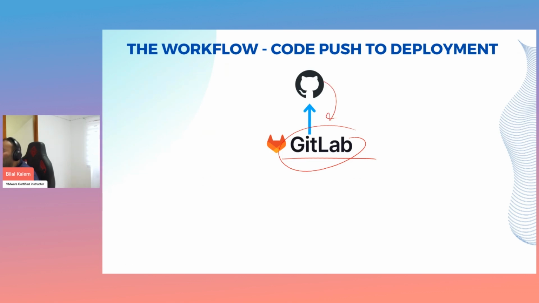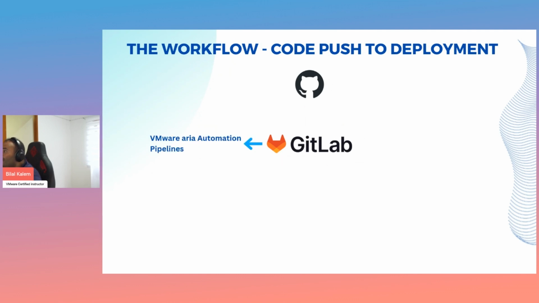Once you get the code from GitHub, your code is available in GitLab, and GitLab will automatically trigger the pipeline, and the pipeline automates, like I say, the image creation process. It will pull all the necessary configuration and all the templates and build the machine image using Packer, and then deploy it as a template in a VMware vSphere cluster.